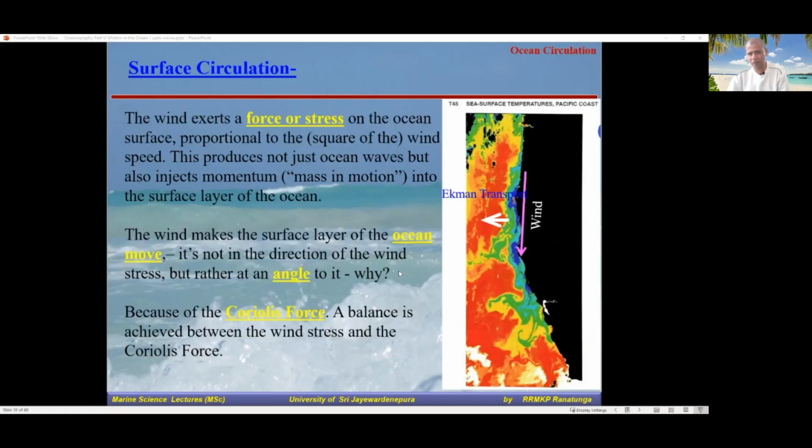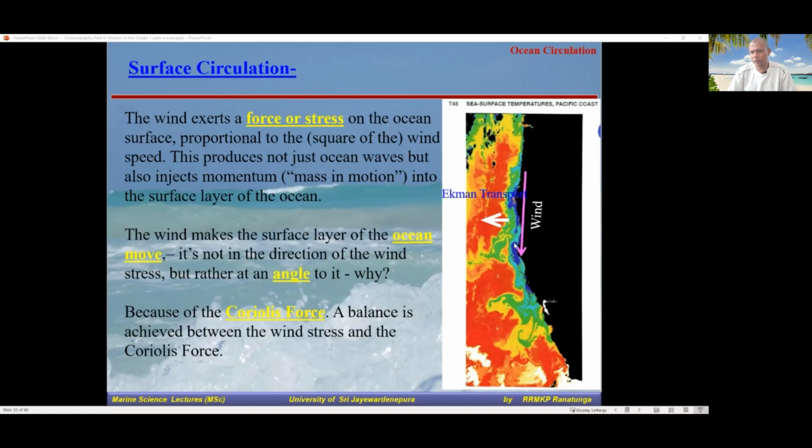So, let us dig further into this ocean movement. Now, there is another thing that you might not have heard of: the direction of the ocean movement. As an example here, you see the wind direction.